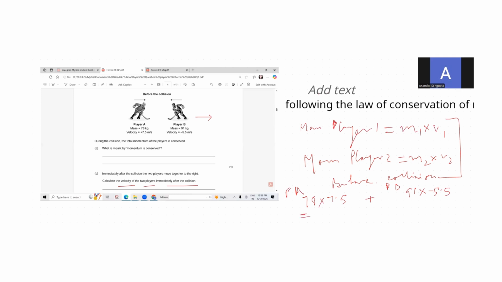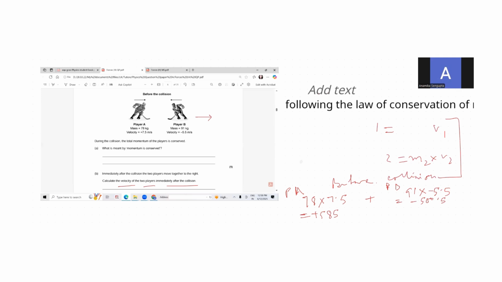So 78 multiplied by 7.5 will give you plus 585. And here we are going to get 91 multiplied by 5.5, so it will be minus 500.5.